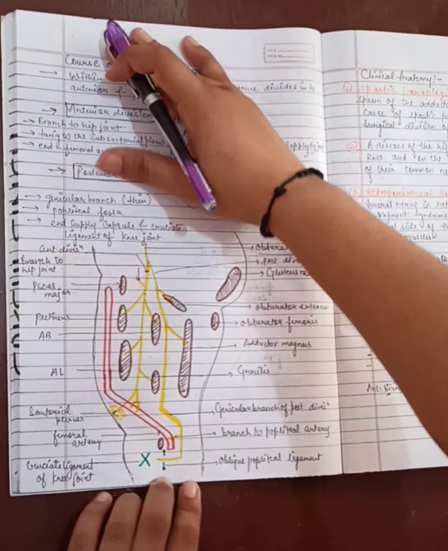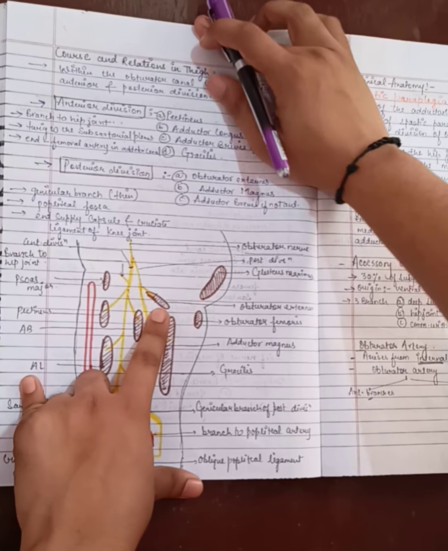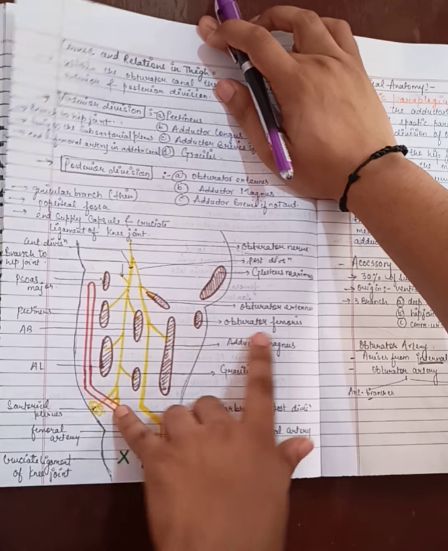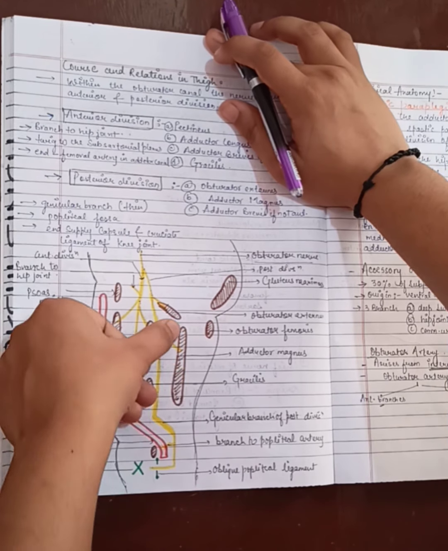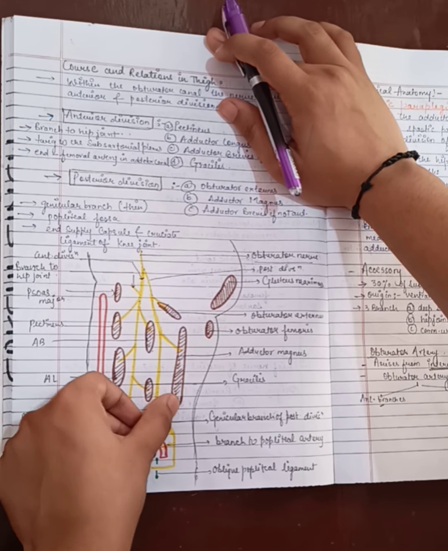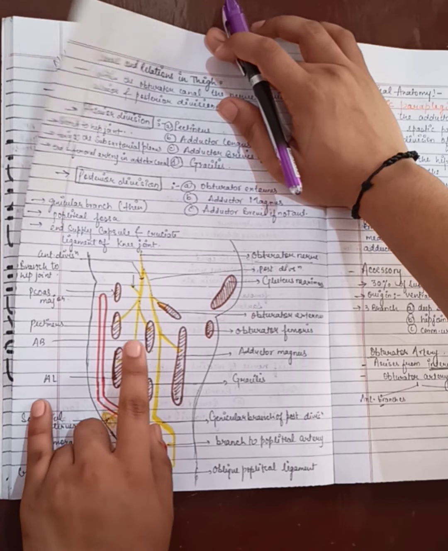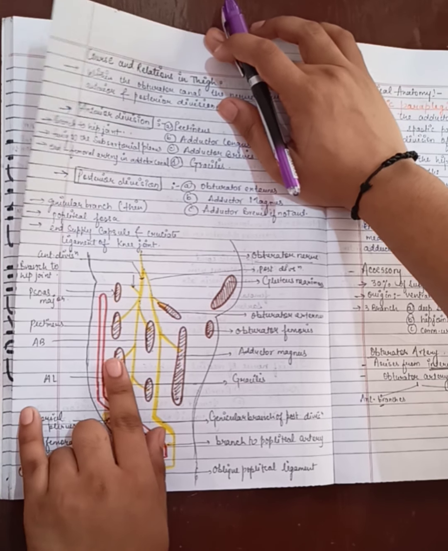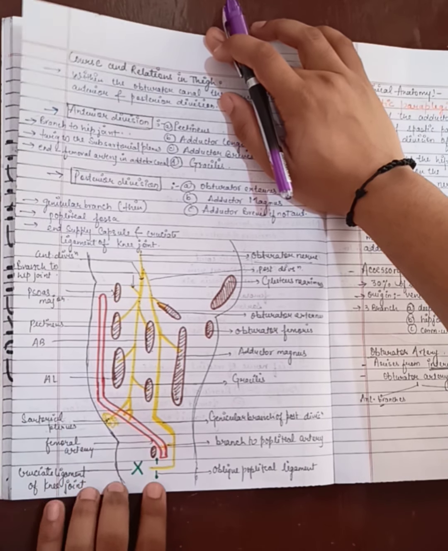On the other hand, the posterior division gives a branch to the obturator externus and adductor longus and adductor brevis if the anterior division has not supplied them.